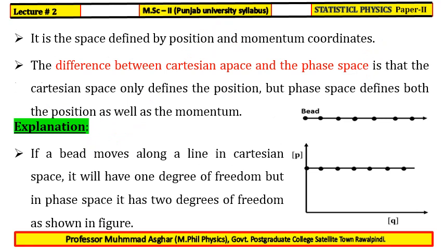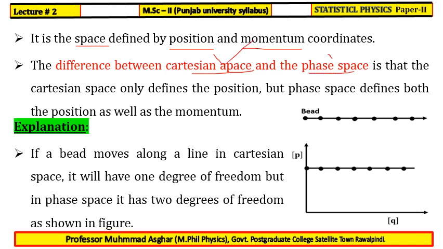So finally we conclude that phase space is the space defined by two coordinates, one is the position and the other is the momentum. So here we are in a position to distinguish between Cartesian space and phase space. What is the difference?